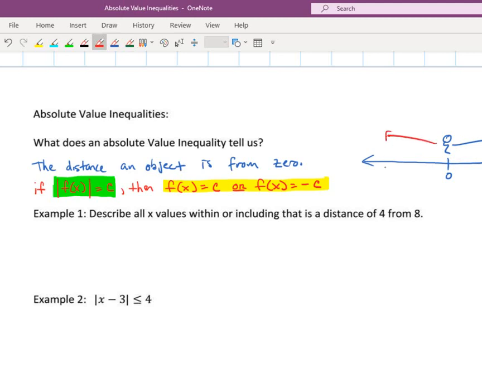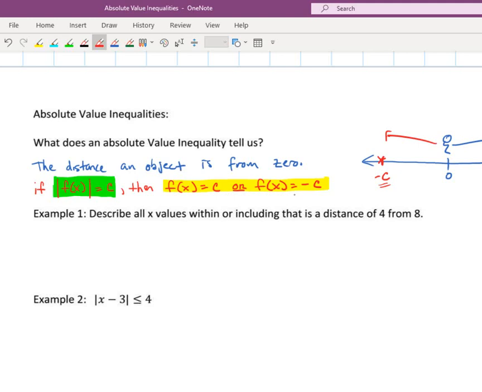I could have walked that direction and be standing right there. The distance I would have walked would still have been C units. But now, because I could have walked to the left instead of to the right, my location would be at negative C. And that's where this yellow stuff comes from. That's why we get two solutions for absolute value.